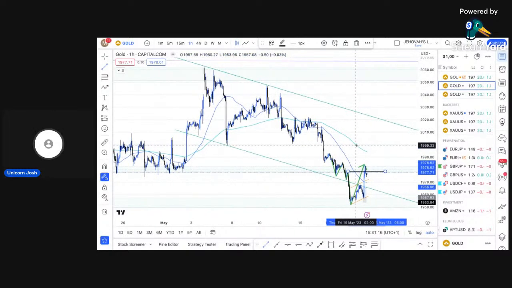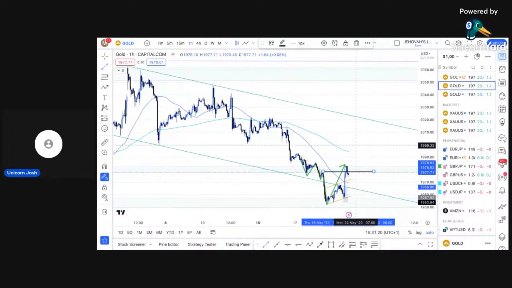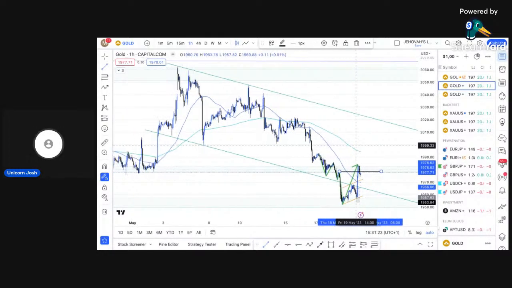Now, the second thing that validates a change of structure in my books is when the trend line is broken. Now we got the first condition, which is the creation of a new higher high. Second factor is when we have a break of the trend line.